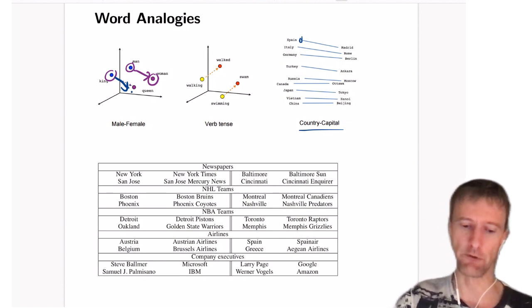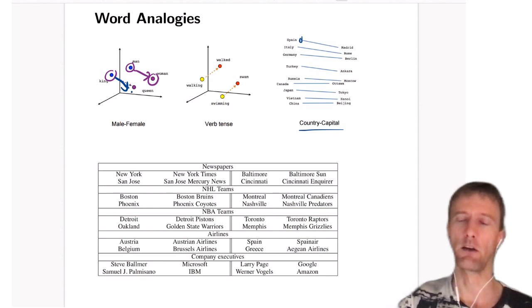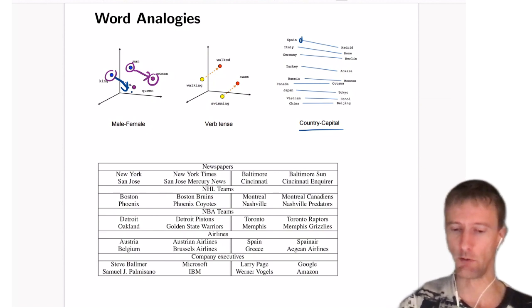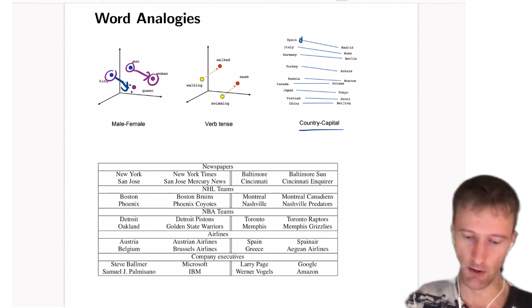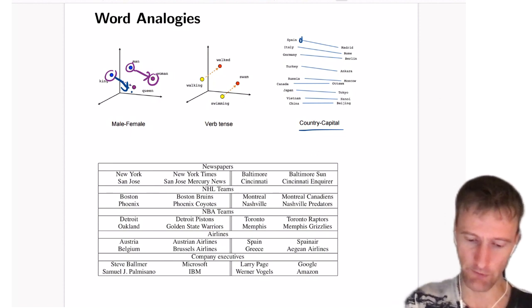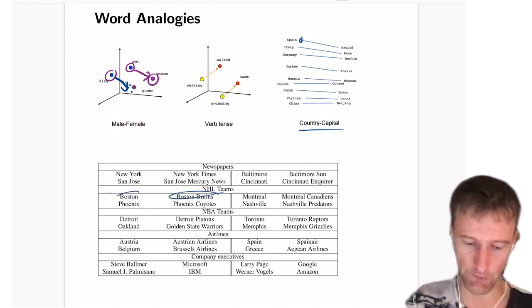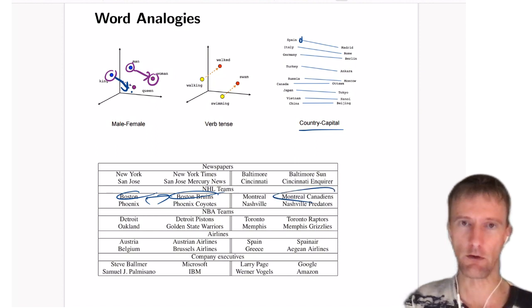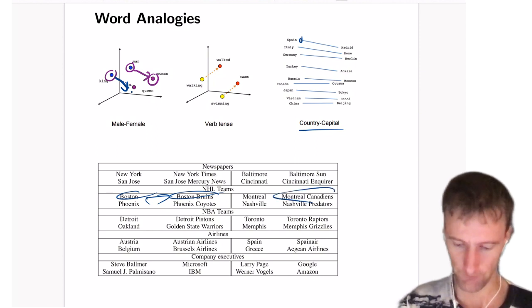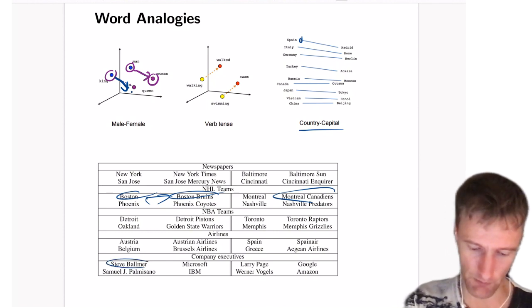So it also understands synonyms. Synonyms are words of the same meaning, and they're represented very closely in that space. And yes, people have tried all kinds of tricks. If you take a hockey team belonging to a city, you can take that vector between them, attach it to another city, and then you usually also get the right thing. It doesn't always work, and yeah, it's getting funny when you do it with people.